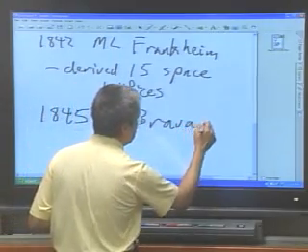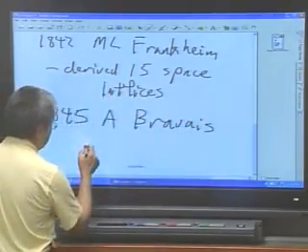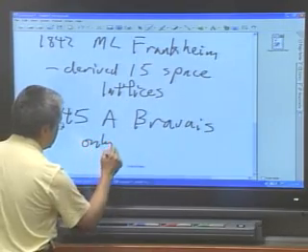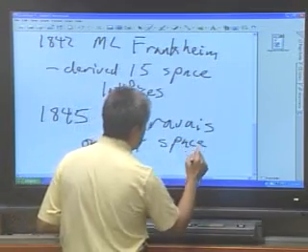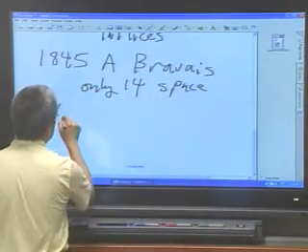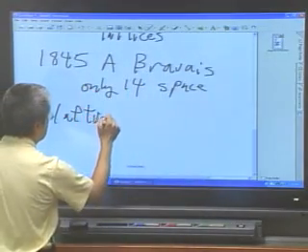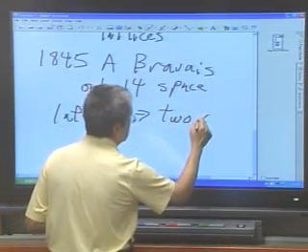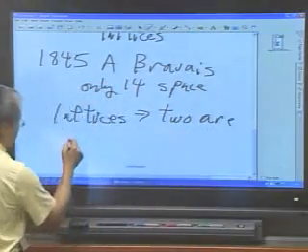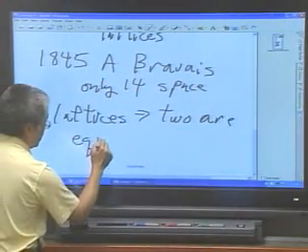So basically, Bravais showed there are only 14 space lattices.